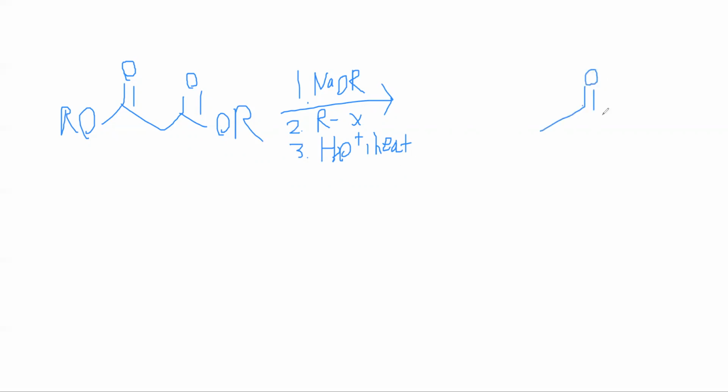So the product you end up with is a carboxylic acid with an alkyl group at the alpha position. Always. And this is malonic ester synthesis.